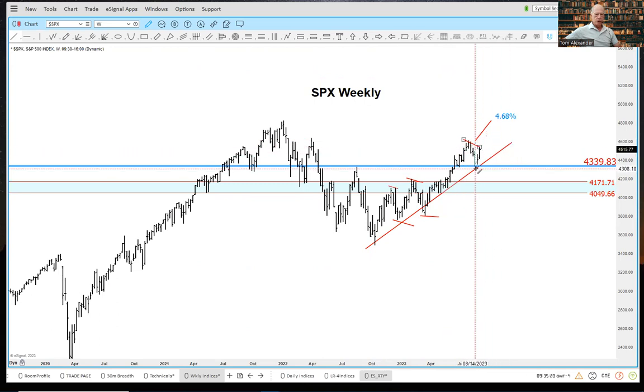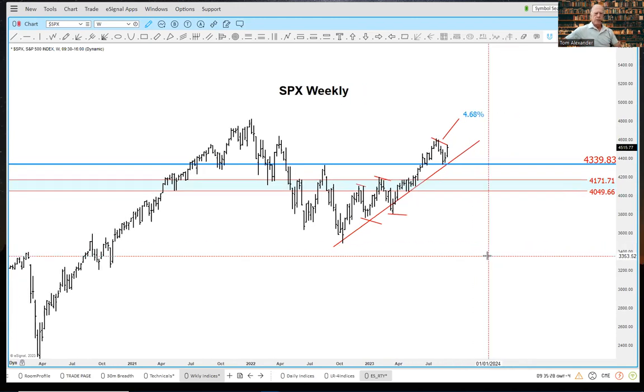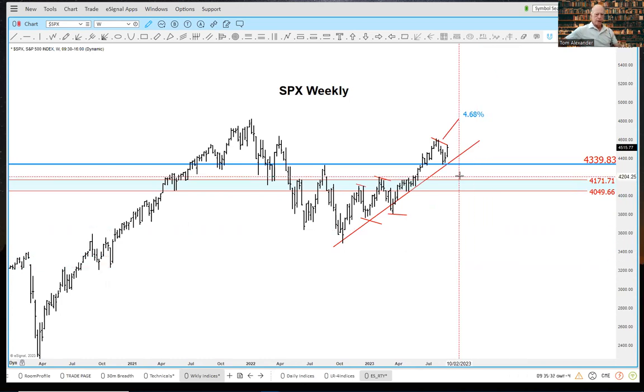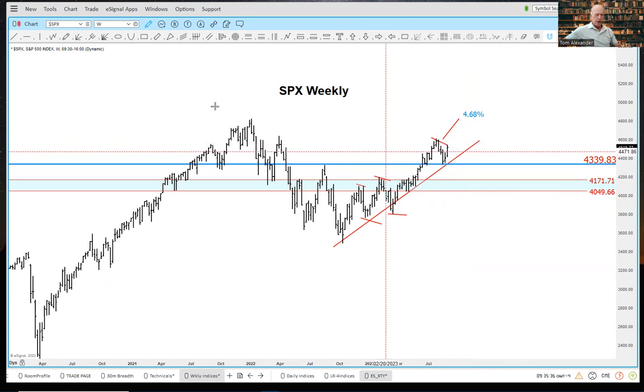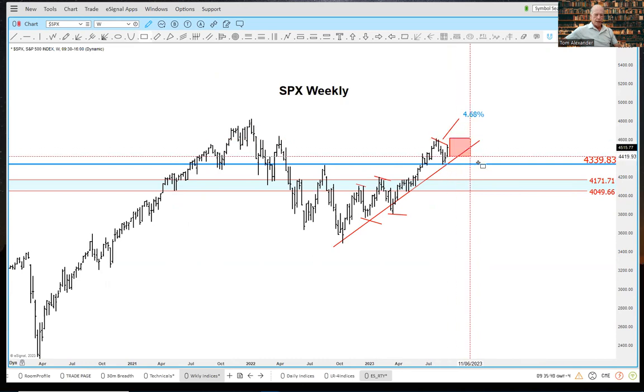Now, is this little pullback here just the latest and greatest high or low? Looks like it. It has to be given the benefit of the doubt, at least in this intermediate to long-term time frame. Now, there could be some good trades in this area. There are a number of possibilities about what could be going on here. One of those is that we're building a balance area.